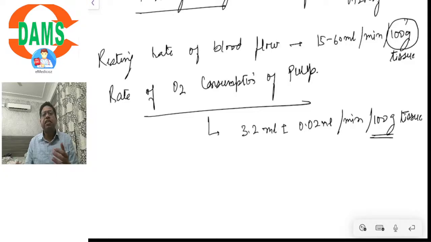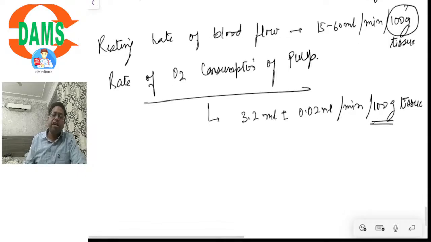And the pulp is encased in dentine and enamel that are hard encasements. So the pulp has no room for expansion and it causes the severe pain of irreversible pulpitis to the patient. That's why the dental pain is so unbearable. Okay? So these are the resting rate of blood flow and the rate of oxygen consumption of the pulp.